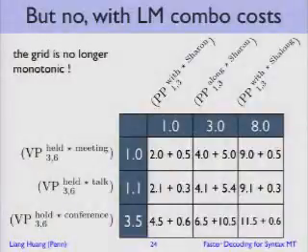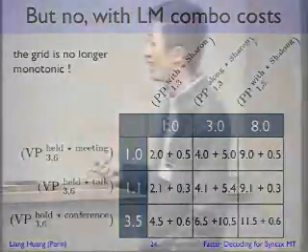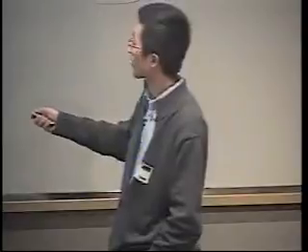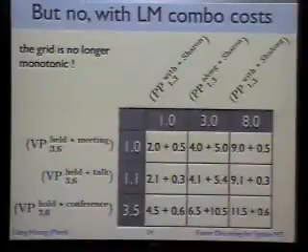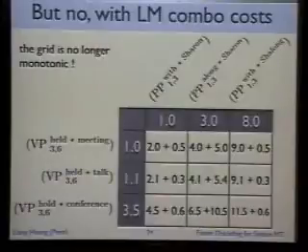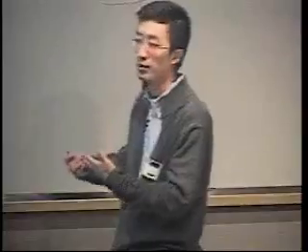But the question is that we have this little combination cost here, which is language model cost. And with these costs, things become no longer monotonic, right? Because something that you think is good, like this 3.0, when combined with this guy, becomes very bad, because the combination is something that you cannot predict, right?